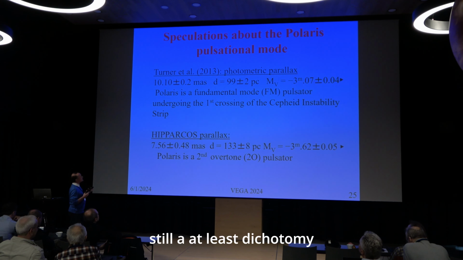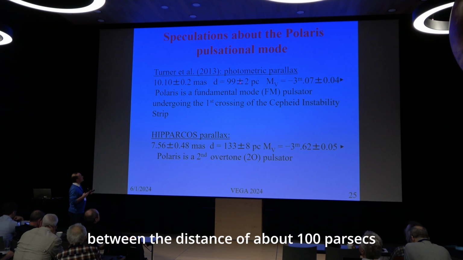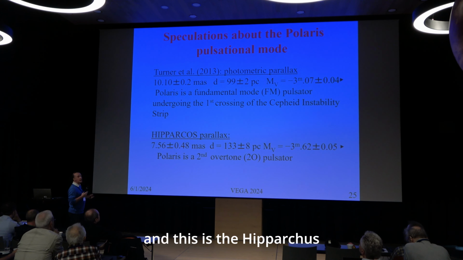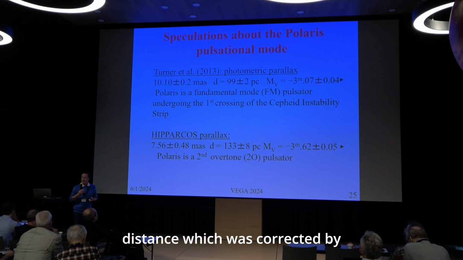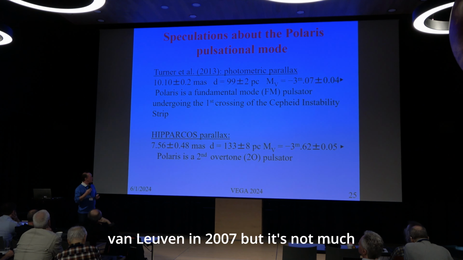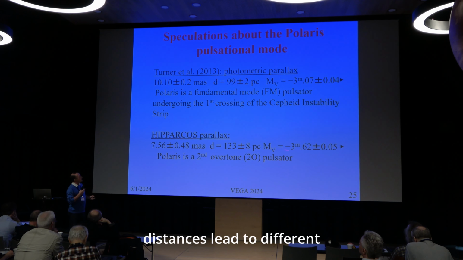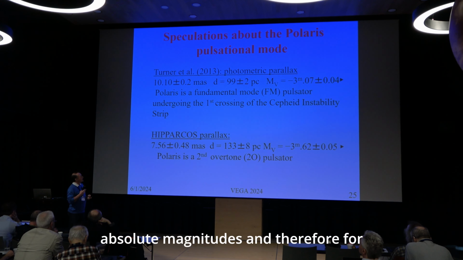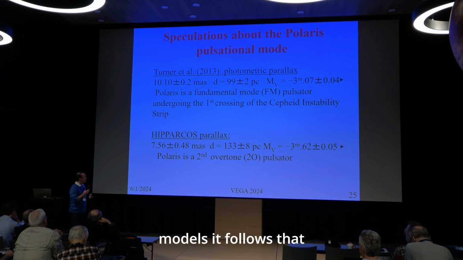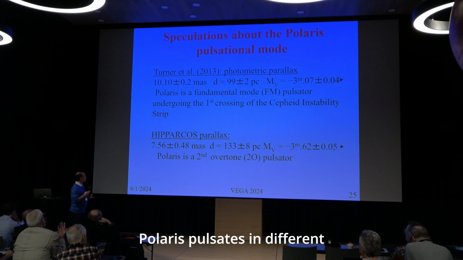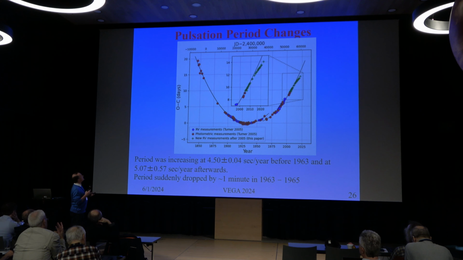And there is still at least a dichotomy between the distance of about 100 parsecs and this is the Hipparcos distance, which was corrected by van Leeuwen in 2007, but it's not much different. Those different distances lead to different absolute magnitudes, and therefore, from models, it follows that Polaris pulsates in different fundamental modes.